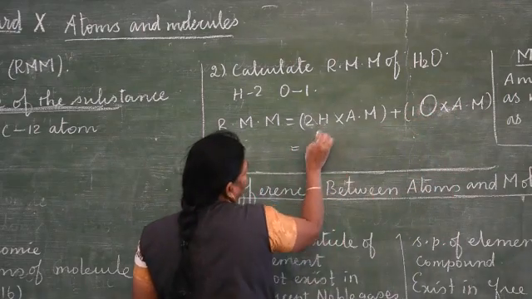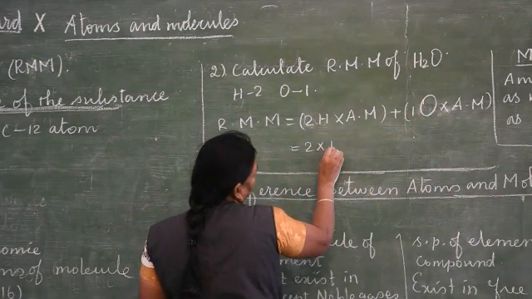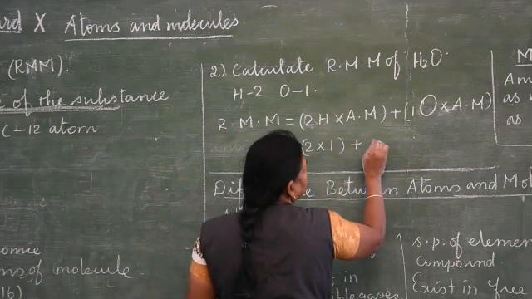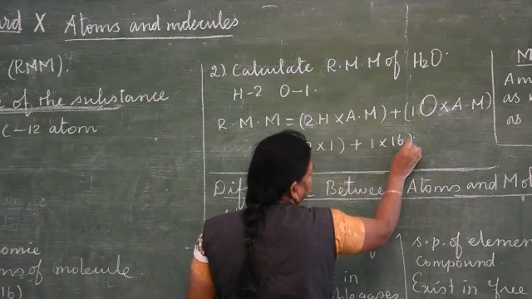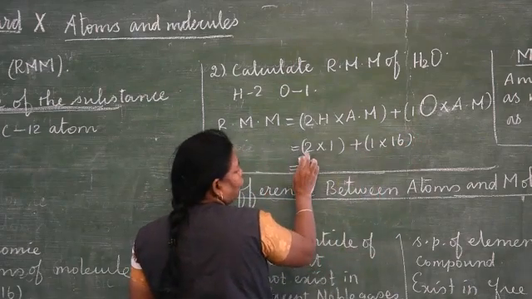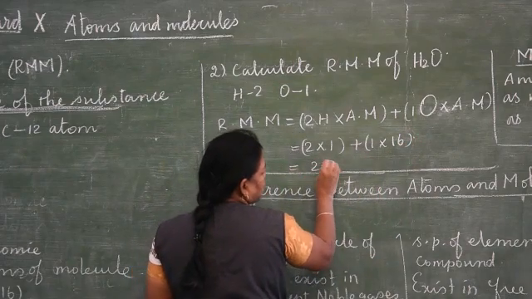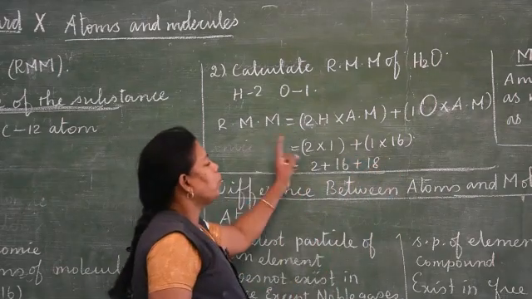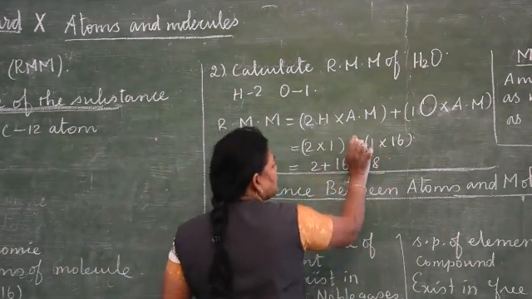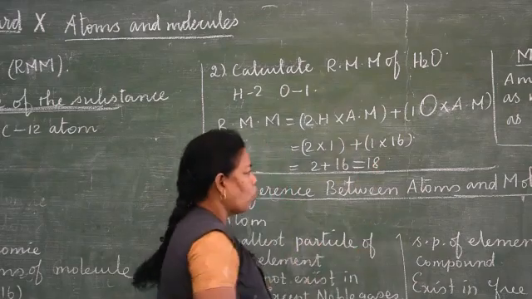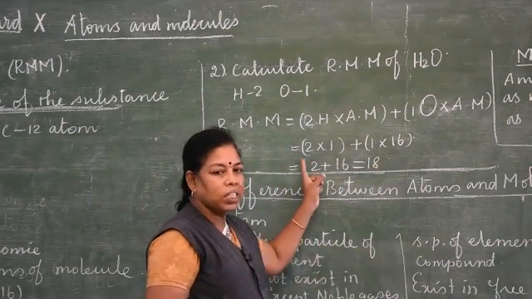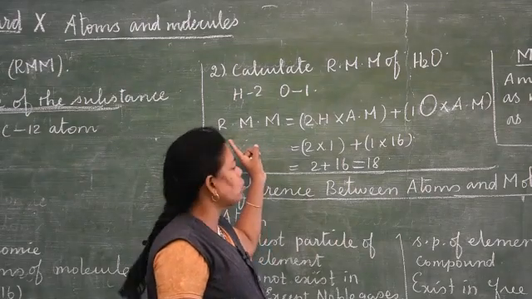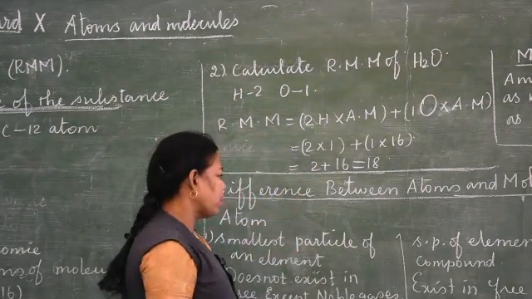Therefore 2 into 1 plus 1 into 16. 2 into 1, 2; 1 into 16, 16; 16 plus 2, 18. This is the relative molecular mass of water. This is the way of finding the relative molecular mass of a compound by using relative atomic mass.